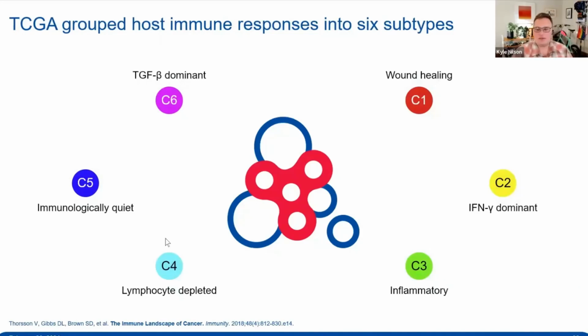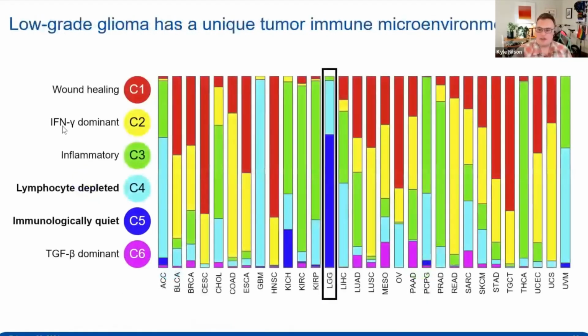In these manuscripts, they described 6 particular responses, and in addition to finding these, they also annotated a very large number of their existing samples. And it turns out that at a glance, we can see that low-grade glioma has a really interesting response to this cancer.